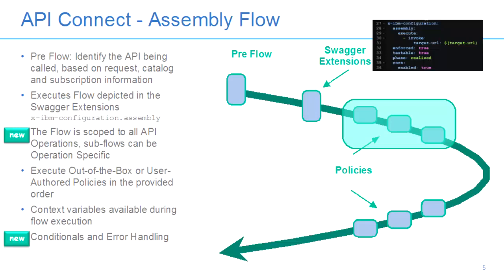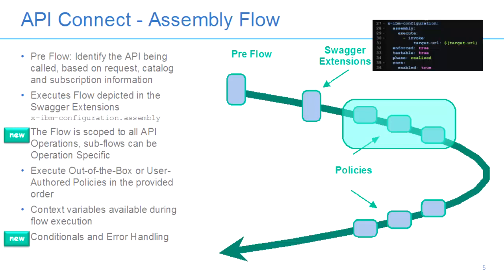One of the main differences that I want to call out here is that now, as you look at a flow, you're going to see a flow that is coded for the entire API, in contrast to how it was before, where you would define flows on a per-operation basis. We believe that is a step in the right direction, so you don't have to code very similar flows for different operations.